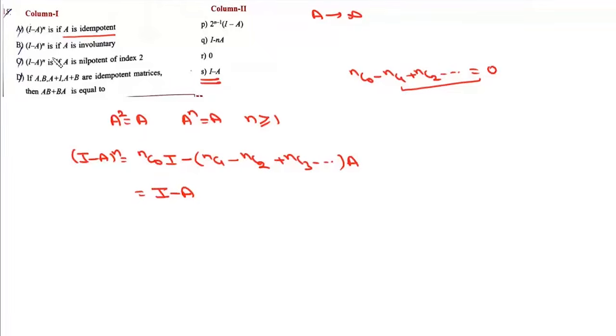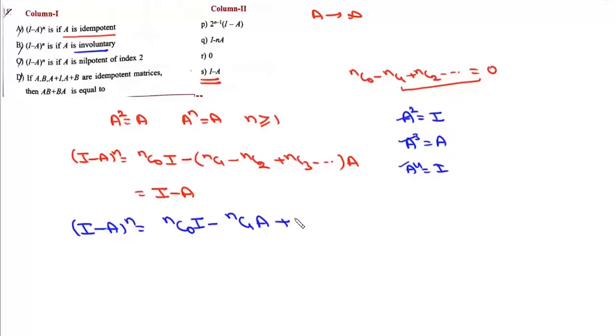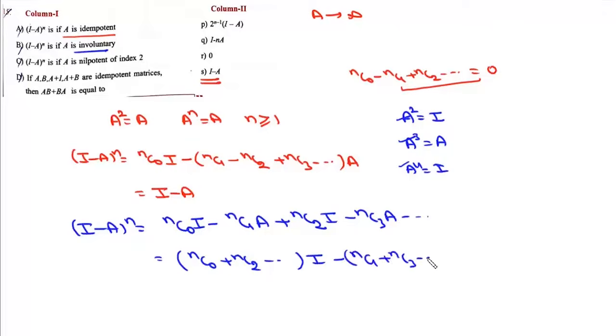Now the next one is I minus A to the power n if A is involutory. Now we know that the involutory condition is A square equals I. Now if A square equals I, A cube is A, A4 is I. So whenever we have odd powers, it will be A, and whenever we have even powers, it will be I. So we can write I minus A to the power n as nC0 I minus nC1 A plus nC2 I minus nC3 A. Now we can write this as nC0 plus nC2 into I and minus nC1 plus nC3 into A. Now we know that both these series are equal to 2 to the power of n minus 1.